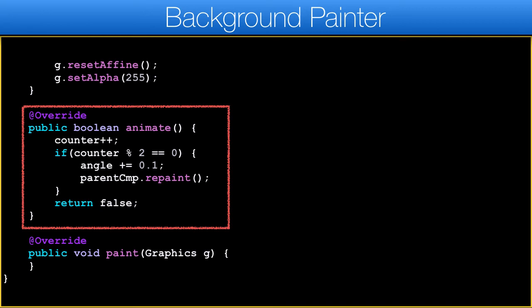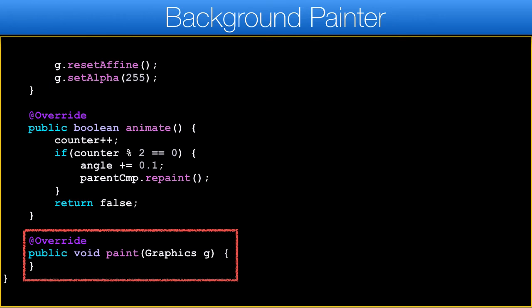Normally, you would return true to trigger a repaint, but here I only want to repaint a specific component. Notice that I only change the angle and move every other frame to conserve CPU. Also notice I rotate by 0.1 degrees, which creates a very smooth, slow, and subtle rotation.